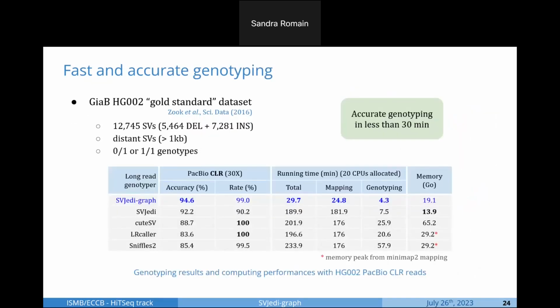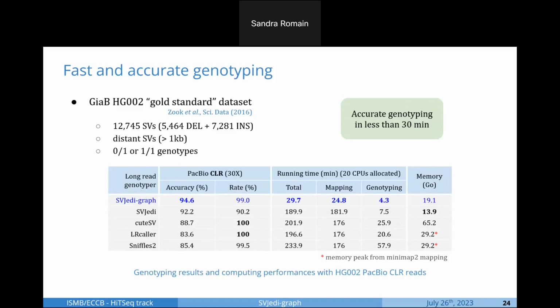Then we wanted to evaluate our method on real data. So for that, we chose the highly curated Tier 1 datasets of the Genome in a Bottle Consortium. So we genotyped these datasets using PacBio CLR reads with our method SVJedi-graph and with 4 other state-of-the-art long-read genotyping tools.